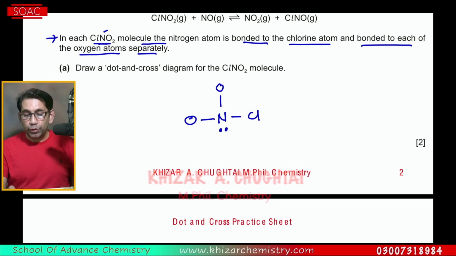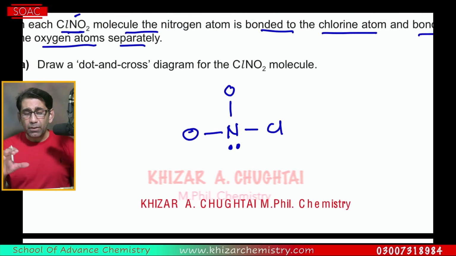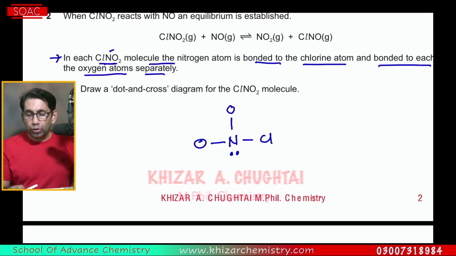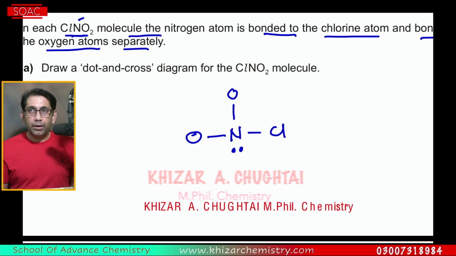Now, I'm going to complete the octet around all these 4 atoms. As I told you, oxygen can make 2 bonds, it can share 2 electrons, or it can receive 2 electrons.